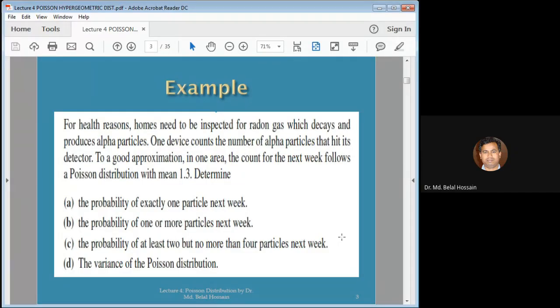Okay, so now the next problem is C, the probability of at least 2 but no more than 4 particles next to it. So find the probability of at least 2 but no more than 4 particles next to it.